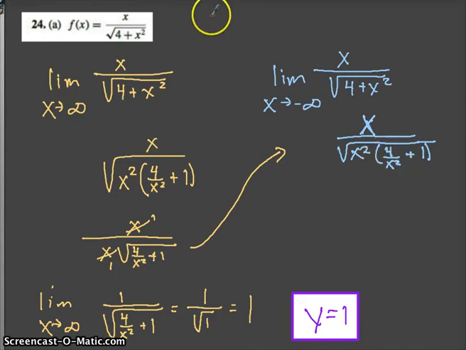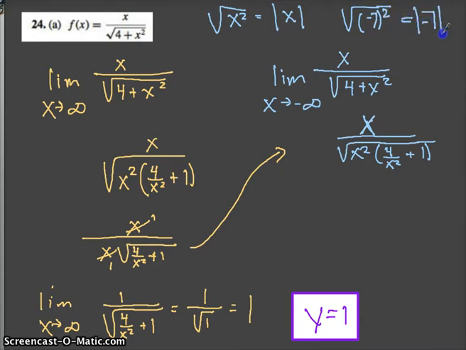You need to remember in this particular case, if I have the square root of negative 7 squared, this is not equal to negative 7, this is equal to 7, or the absolute value of negative 7.